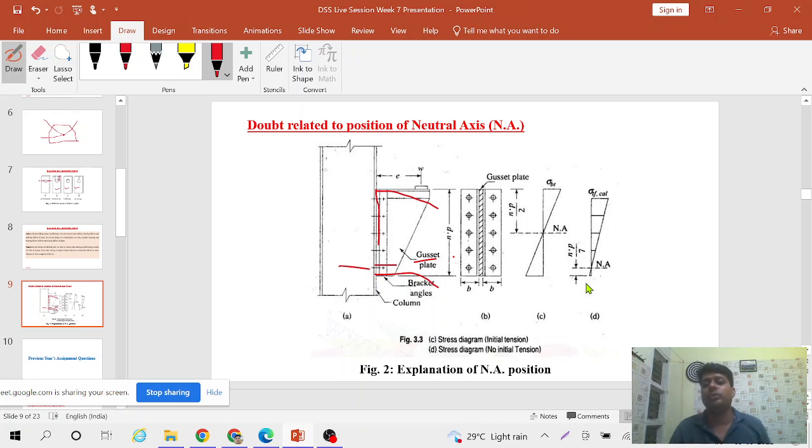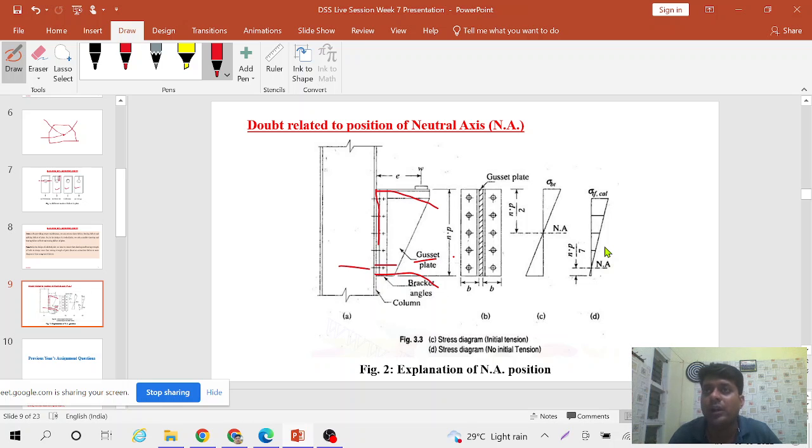They have solved both cases, but the answer we get in this case is on the conservative side. If you design following this, the strength of the bolt you get will be on the safer side. But this other case is more appropriate in practice.